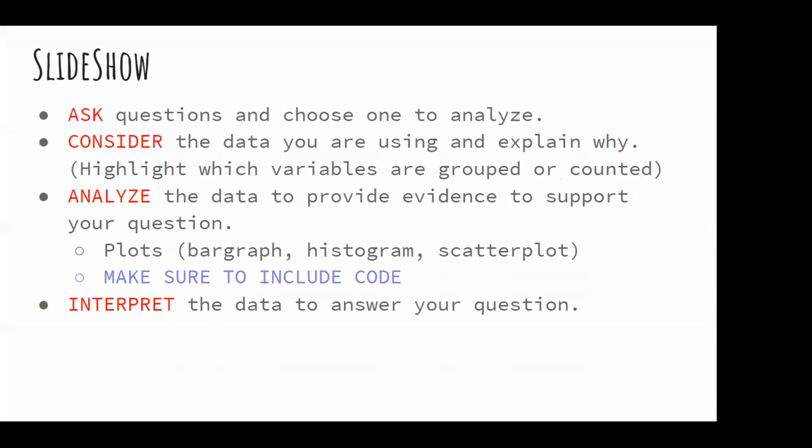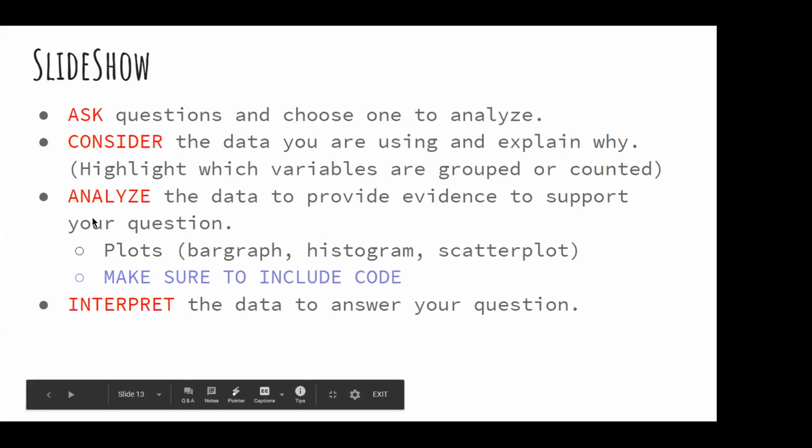So you are going to ask statistical questions and choose one of them to analyze. Then you're going to consider the data you are using and explain why you are using that data. I also want you to notate which variables are grouped or counted, so make sure you tell me which variables you are grouping by.